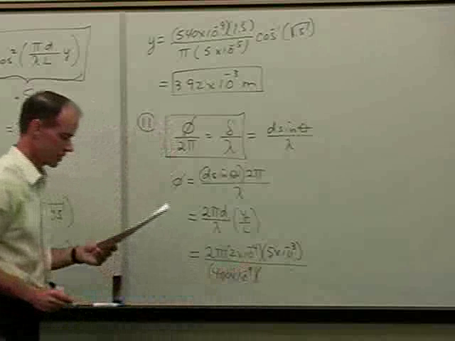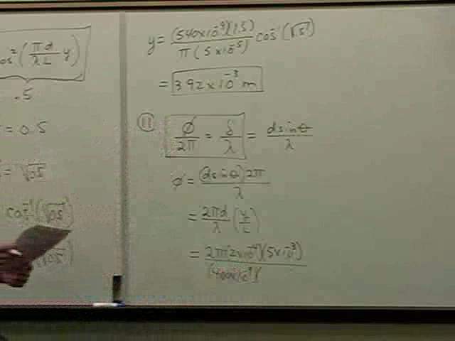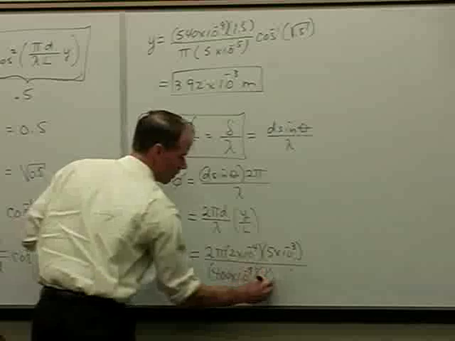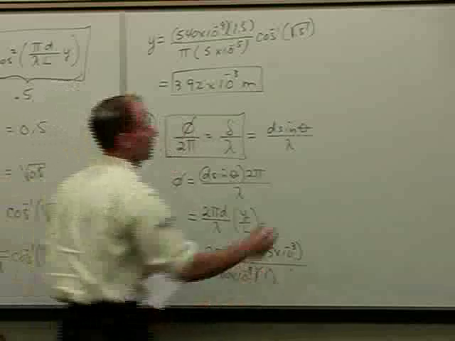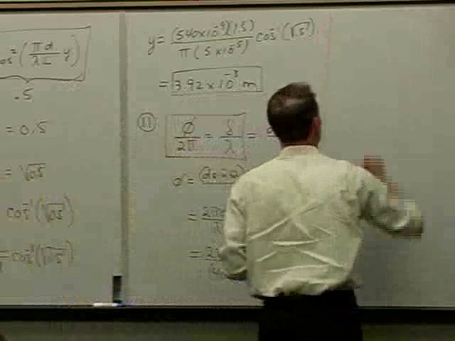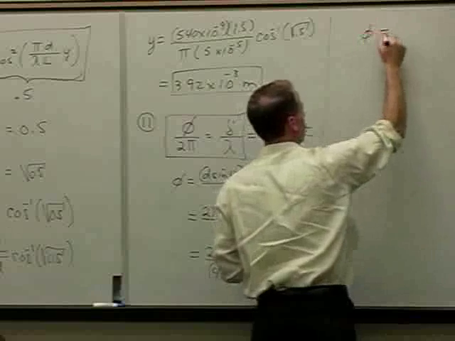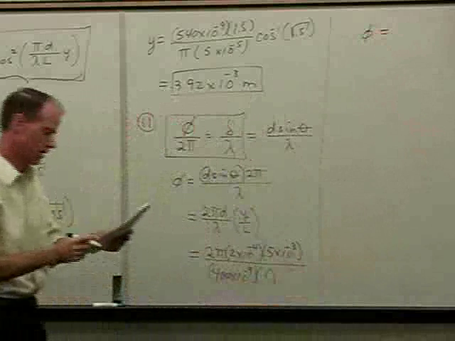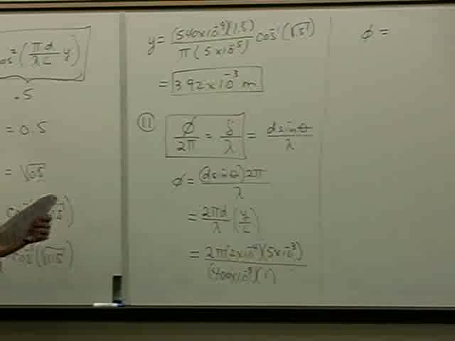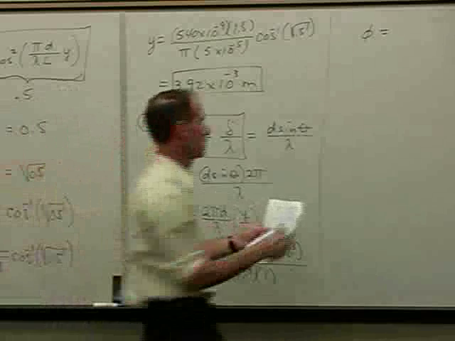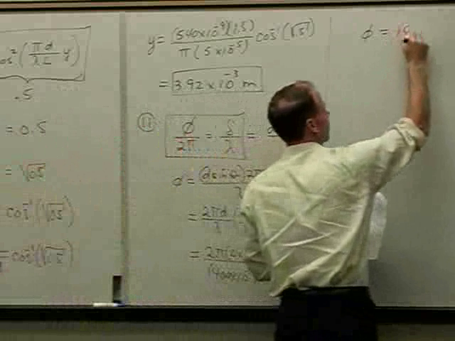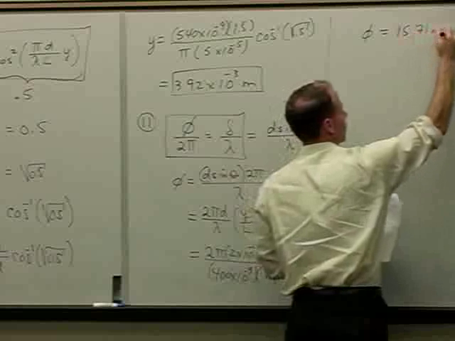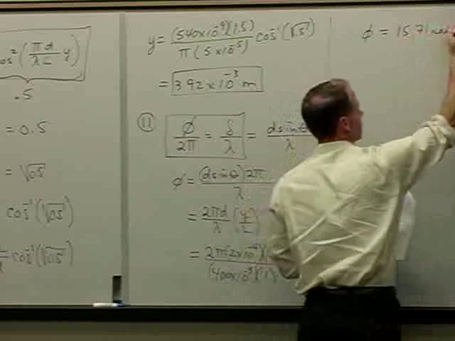And the length to the screen was given as 100 centimeters or 1 meter. So that would give us a phase difference of 15.71 radians.